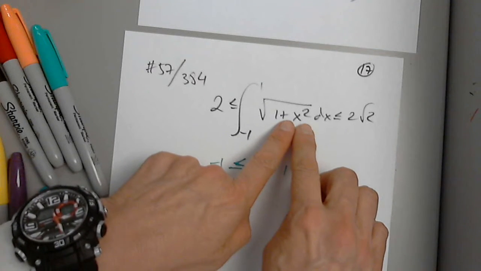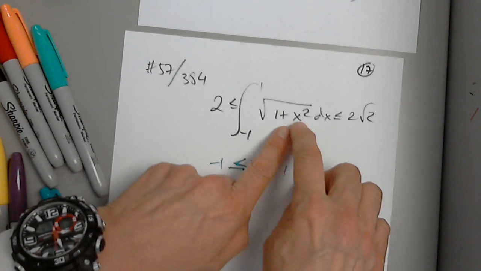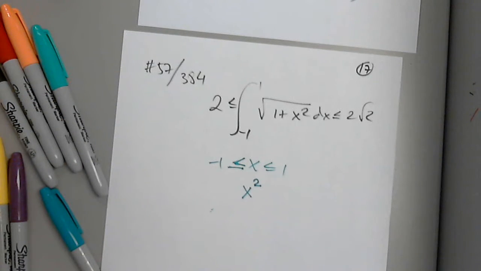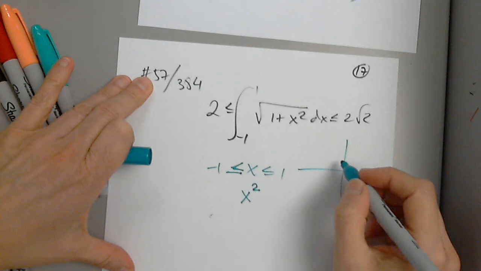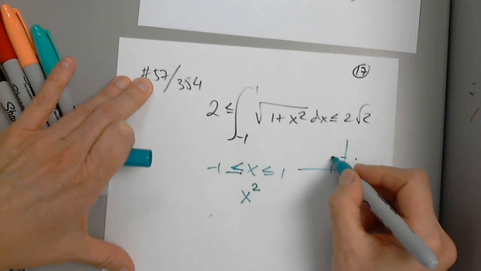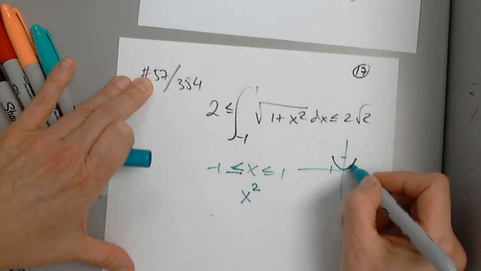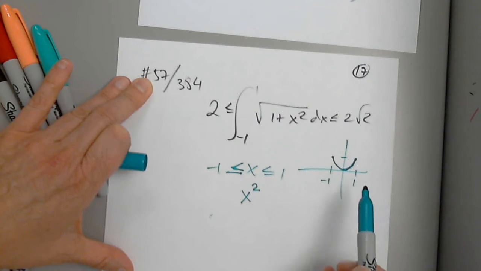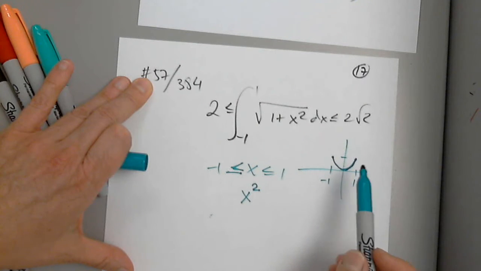And you should ask, how did you come up with this? Well, I peeked here. So there is an x squared. I know that x is between -1 and 1. So remember the graph of x squared between -1 and 1. Let me graph it. So this is the graph, -1, 1, 1, 1. This is the graph of x squared. For x between -1 and 1, what are the possible values of this function?